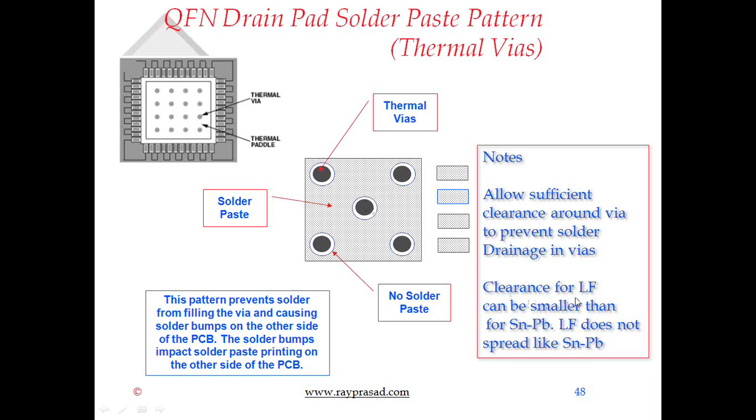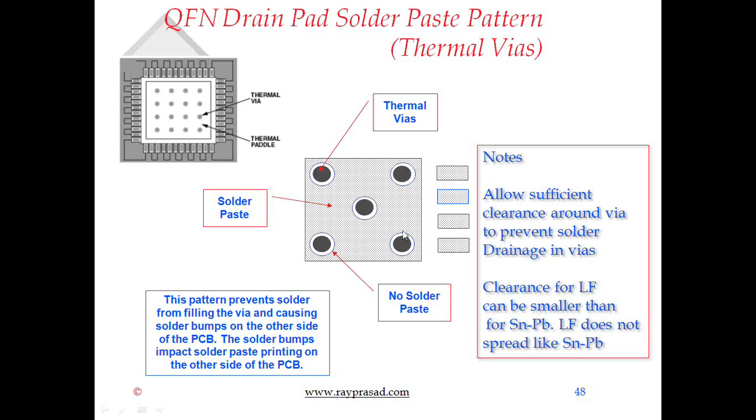And this clearance for lead-free can be a little bit smaller because the lead-free doesn't spread as much. It doesn't have as good a wetting angle as tin lead does. Tin lead will spread out more, and that's part of the reason why we don't get a nice looking joint in the lead-free that we do in tin lead process.